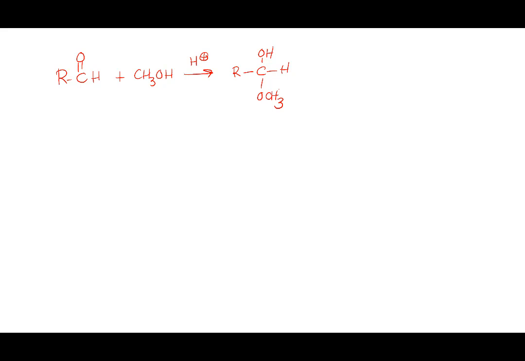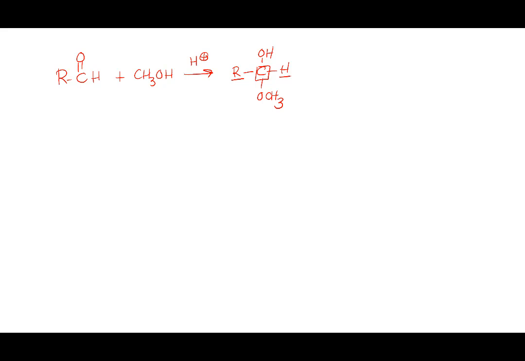It's hemi because it's half of an acetal. It's an acetal because when you locate the carbon that is attached to the two oxygens, it has a carbon and an H, which means it came from an aldehyde.